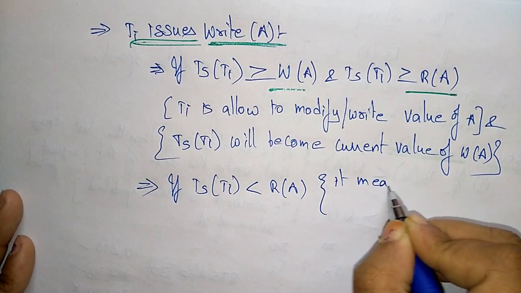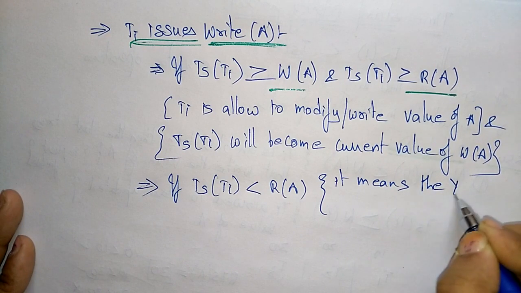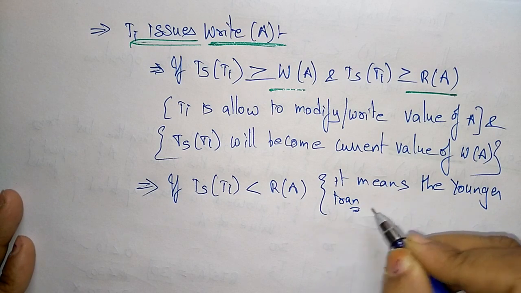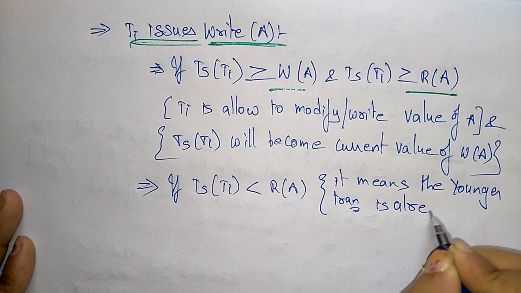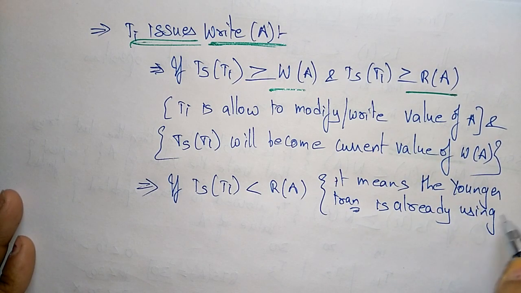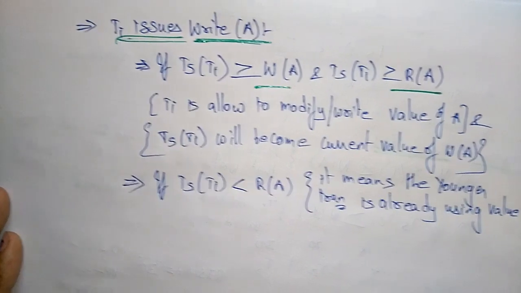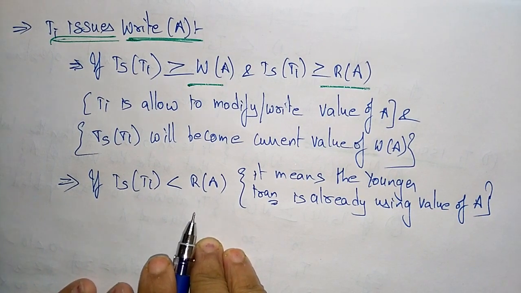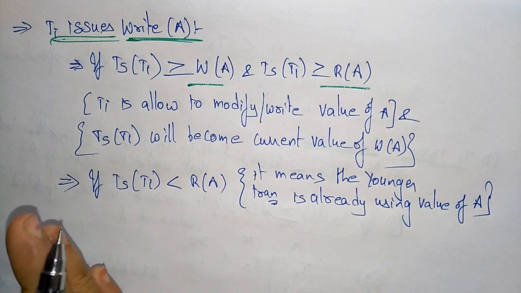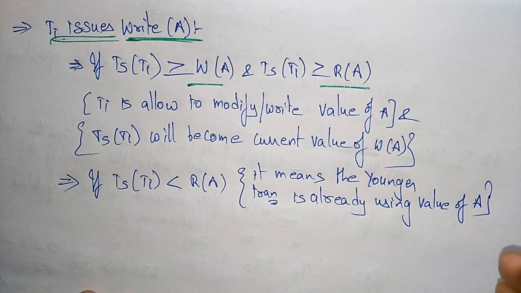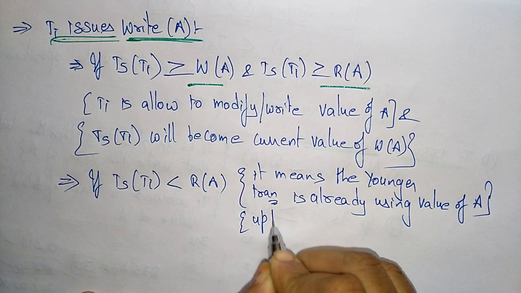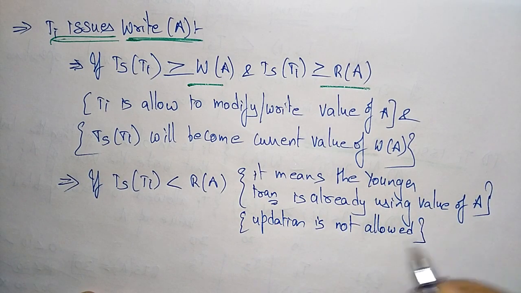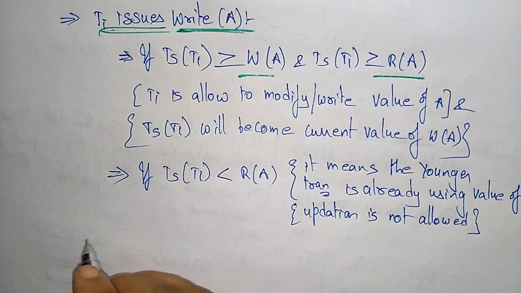It means the younger transaction is already using the value of A. So transaction Ti is less than the read timestamp of A, meaning a younger transaction is already using the value of A, and here the update is not allowed because the younger transaction is already using the value of A.